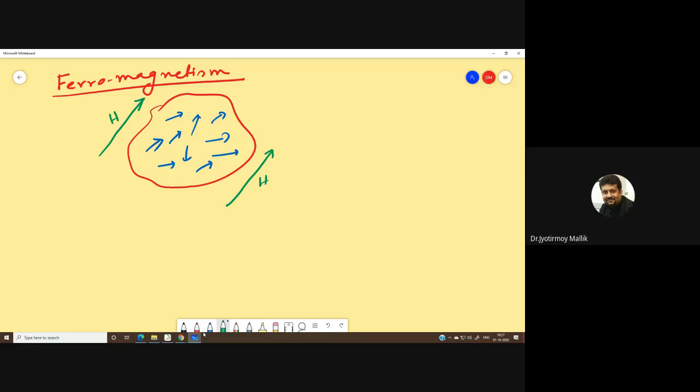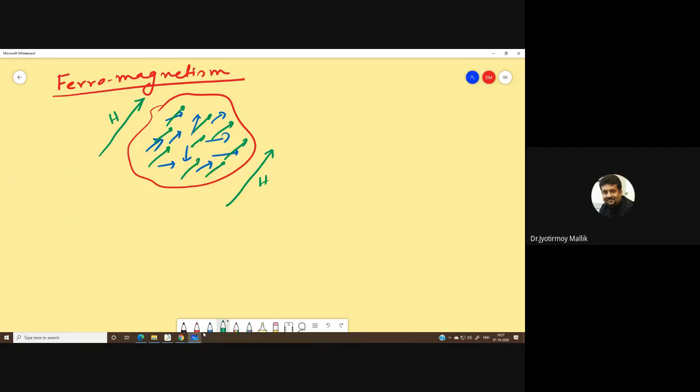Okay. And what I will observe is that if I keep on increasing the strength of H, these magnetic moments will keep on aligning with respect to H, and there will be a time when most of them will be fairly aligned with the external magnetic field.